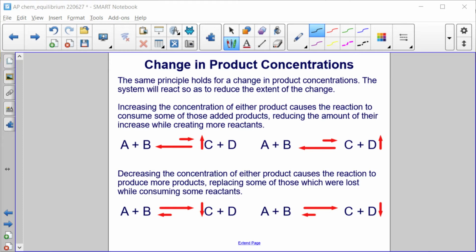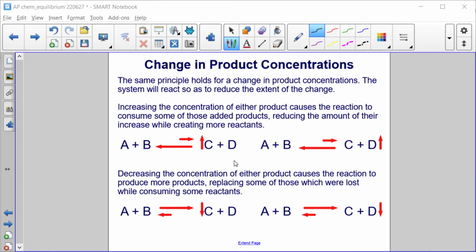Change in product concentrations. The same principle holds for a change in product concentrations. The system will react so as to reduce the extent of the change. Increasing the concentration of either product, if I increase product C or product D, causes the reaction to consume some of those added products, reducing the amount of their increase while creating more reactants.